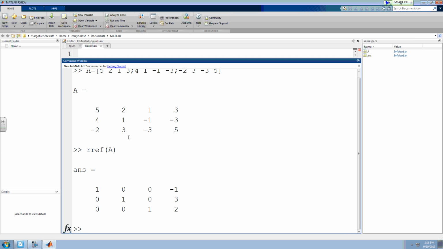Now that's the answer. If you were to keep going with Gauss and keep doing all the elimination all the way to this point, then it becomes very clear. The answer is given to you in that last column. Minus 1 is x, 3 is y, 2 is z. That's the answer to that system of equations.